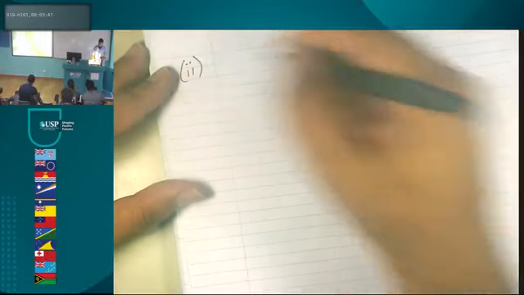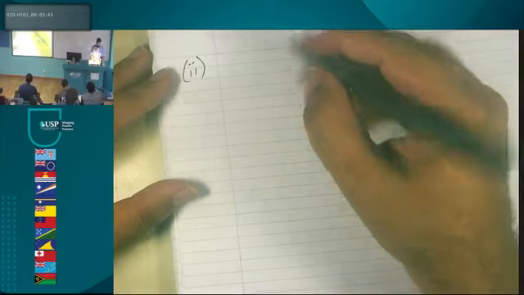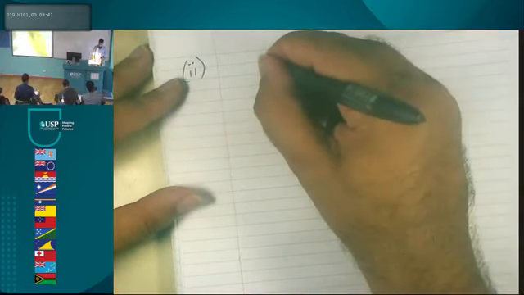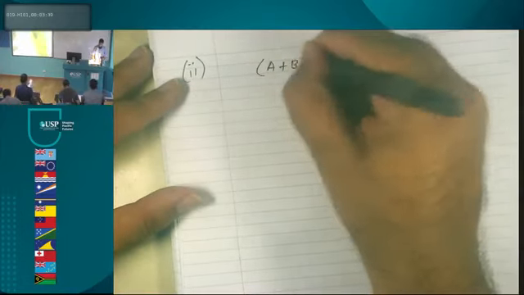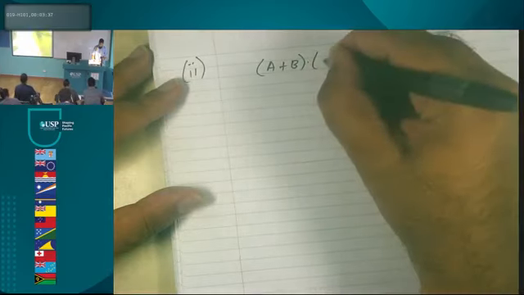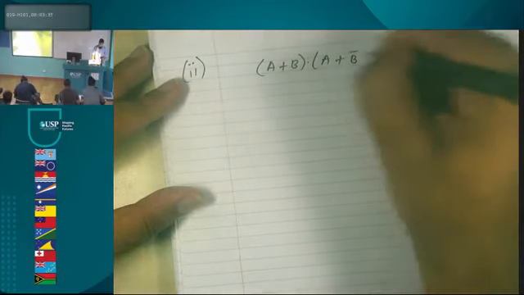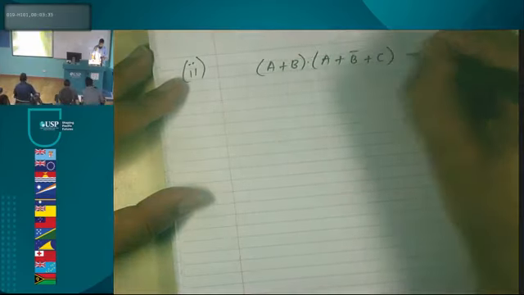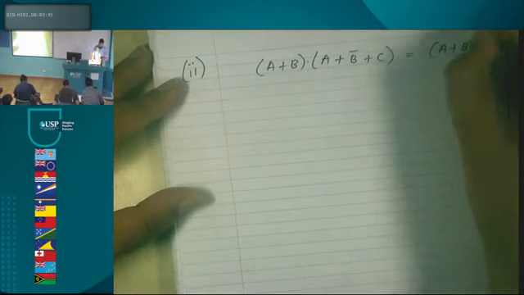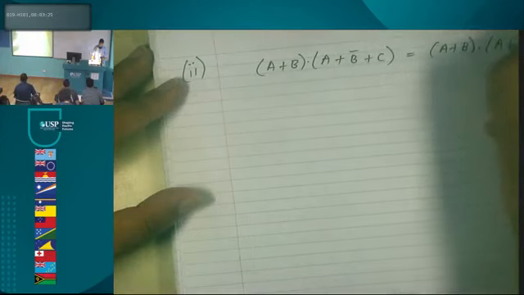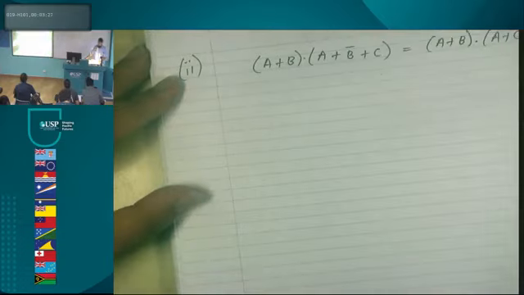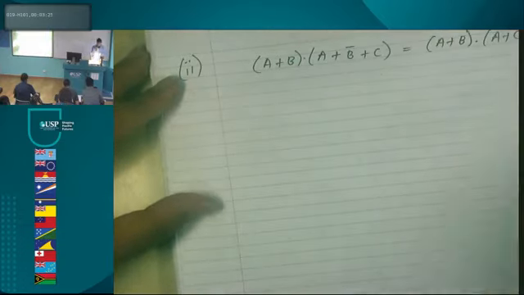Okay, another version of consensus. Remember, every theorem has two versions. Let's now have the OR version. Okay, proof.